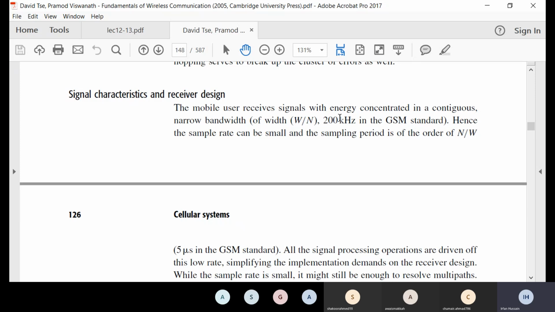So you take it to baseband, this will be from minus 100 to 0, and from 0 to 100 kilohertz. Yes, so bandwidth is W. I will have this 1 over 200 into 10 to the power 3. This becomes 10 to the power minus 5. 1 over 2 becomes 0.5. So 0.5 into 10 to the power minus 5.